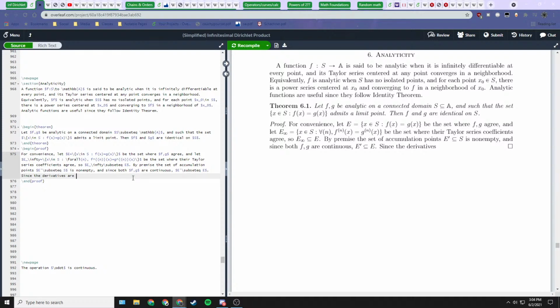I think what we want to do first is, since the derivatives are recoverable from a limit point, we should have the set of limit points for E, the set where they agree, is actually a subset of E sub infinity.